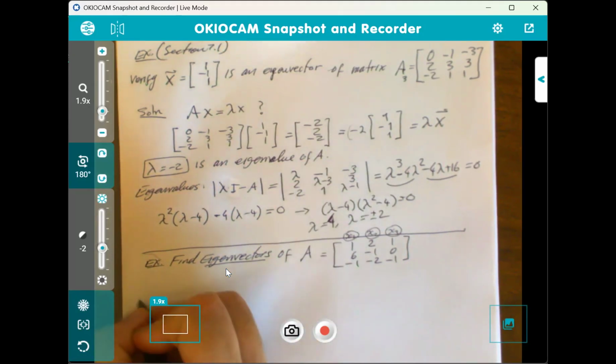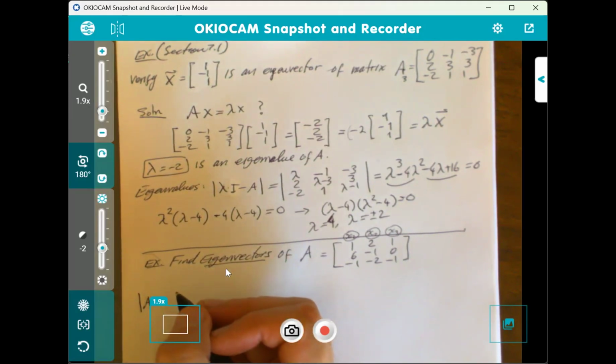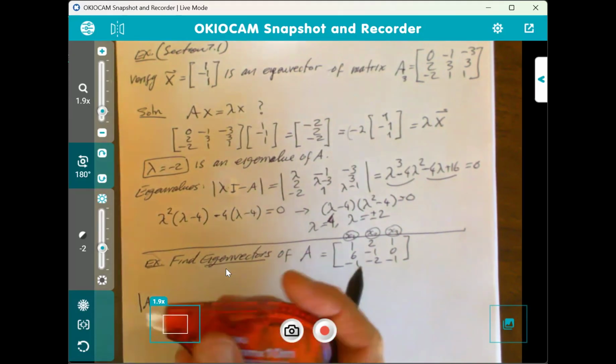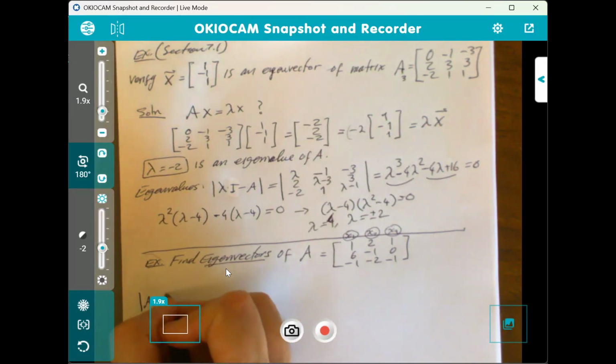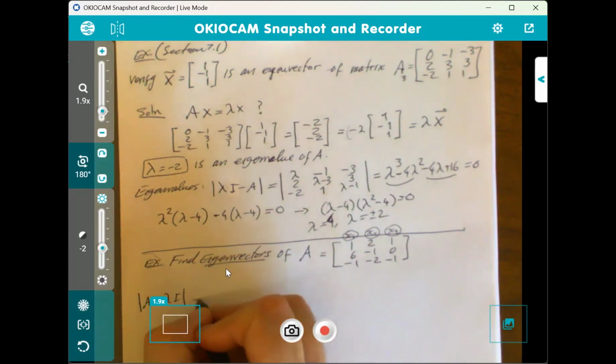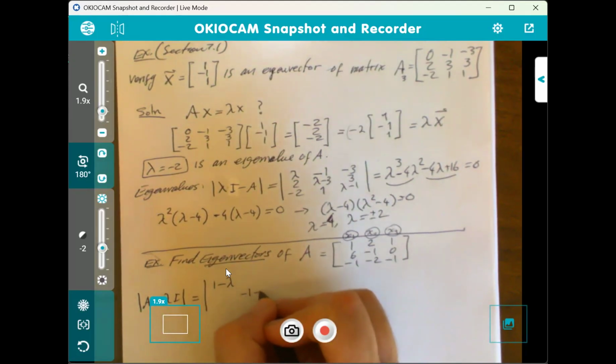So to find the eigenvectors, we need to find the characteristic equation. Because we're finding the determinant, we can do A minus lambda I, for instance. So for this one, A minus lambda I is going to be 1 minus lambda, -1 minus lambda.